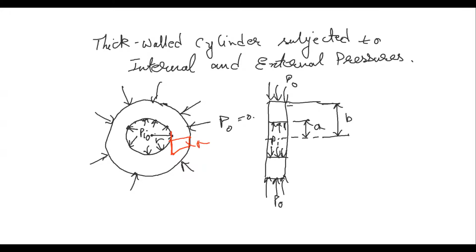This is sigma theta, and sigma R along the radial direction. The stress at the internal pressure will be there, and externally it will be 0. At this point it is 0. So this is sigma R, and at this particular point it is P. So this stress diagram is for the case where internal pressure is there and external pressure is 0.